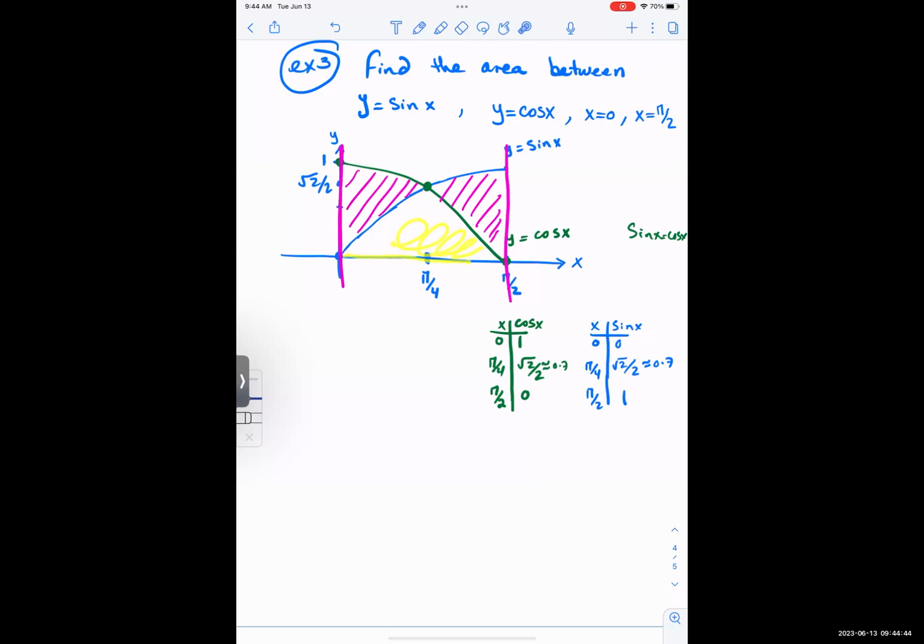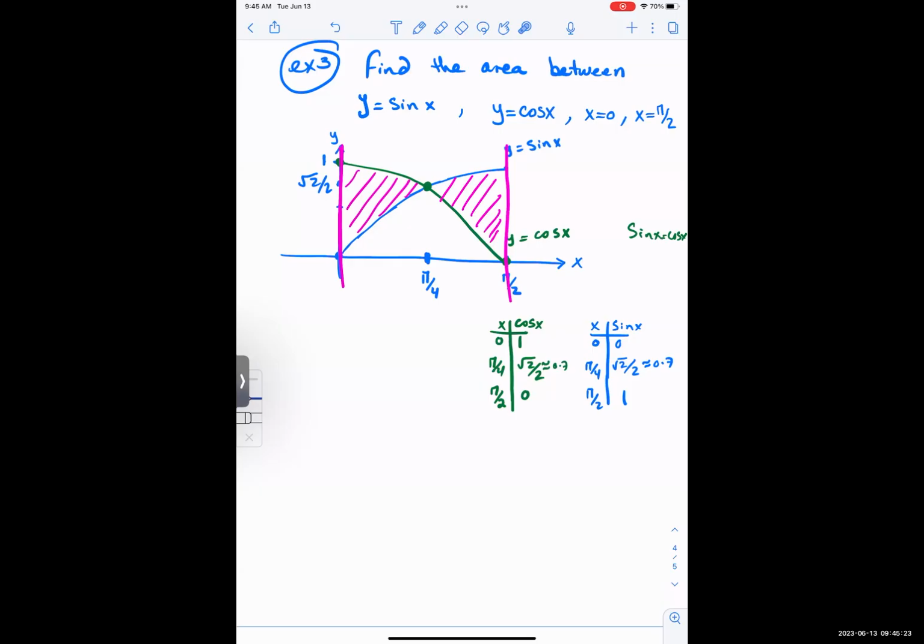Because that would have been bounded by y equals 0, and they didn't say bounded by y equals 0. So x equals 0 is this one. x equals pi over 2 is this one. So my graph is between these two and also bounded between sine and cosine. That's why I'm shading where I'm shading. And I put a good number of homework questions there, I think 10 questions on WebAssign, so you can keep practicing the graph.